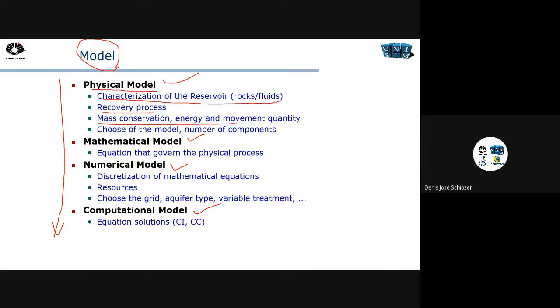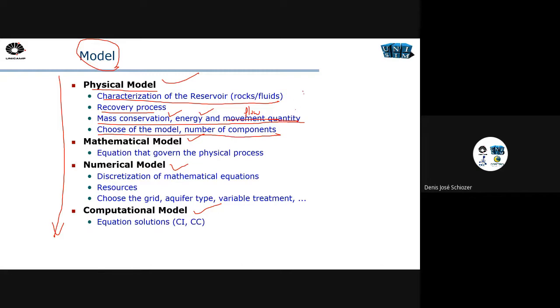We have to understand what is causing the fluid movement in order to input this physical behavior in the mass conservation equations, the energy equation, if you have thermal equations, and also the movement in the flow equation here, right? The translation here was not so good. Once we have this, we have to choose the model, the number of components, and so on, as we have seen in the previous slides.